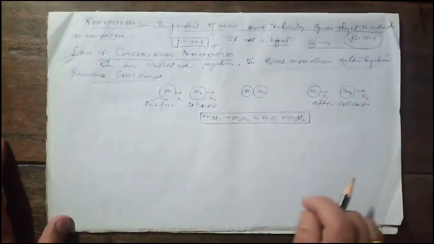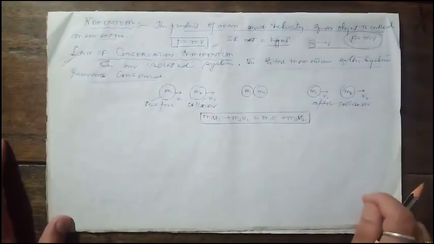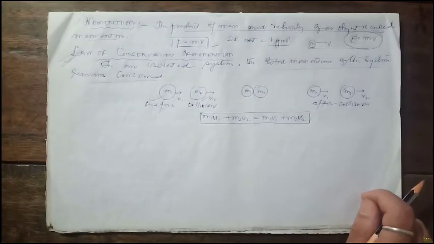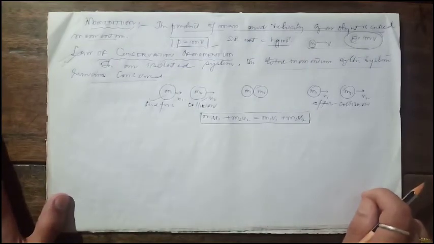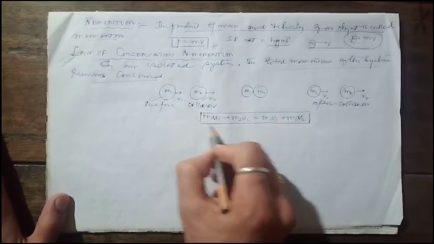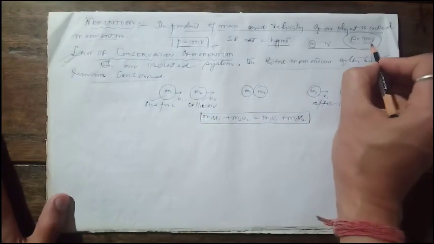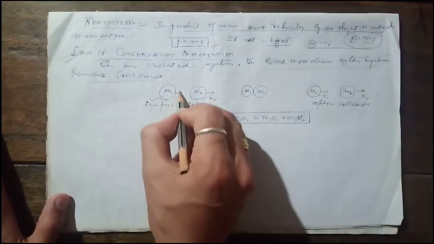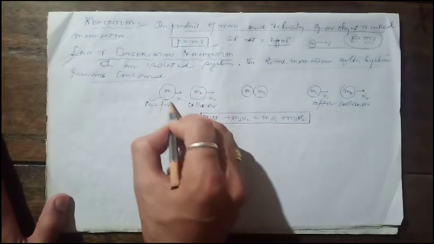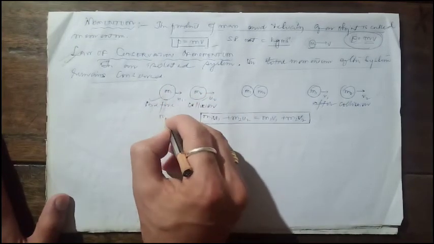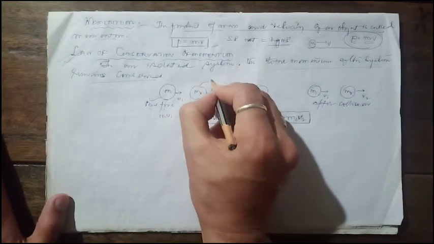This law says that during this collision the velocity of course changes, but one thing remains constant in this process. What is it? It's the momentum. How do we measure momentum? Momentum is mass times velocity. So the first body, initially moving with velocity u1, had momentum m1 u1, and the second body had momentum m2 u2.